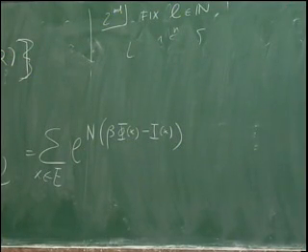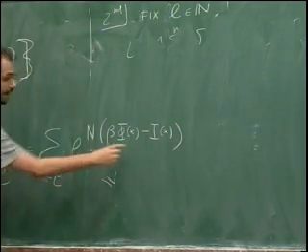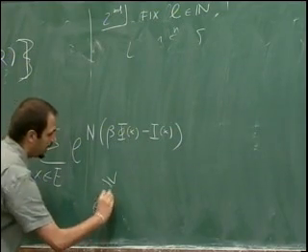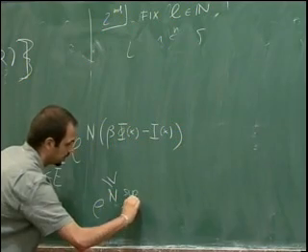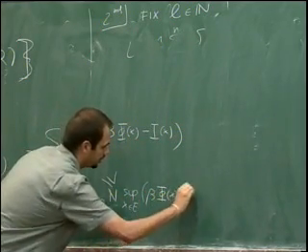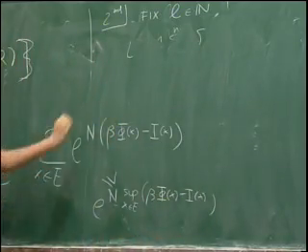Well, you have immediately a lower bound. You take the x that maximizes the exponent. So this is greater than e to the n times the supremum over x of beta phi of x minus I of x. Okay? On the other hand, you have an upper bound.